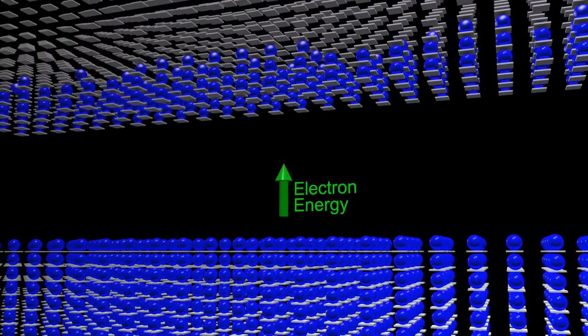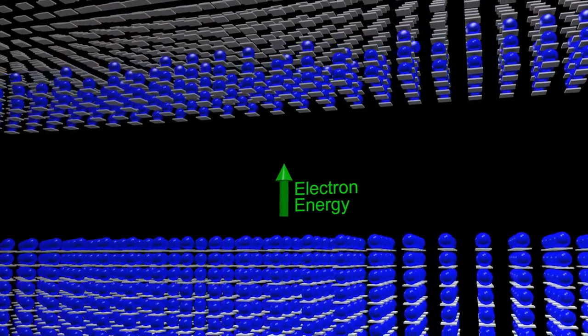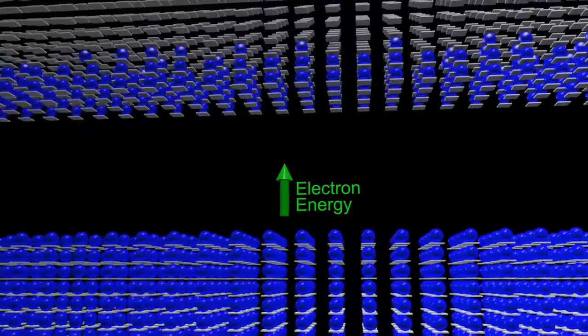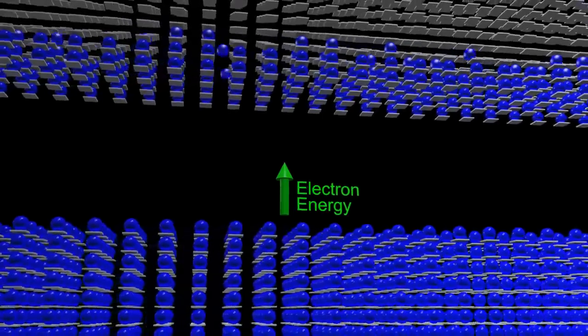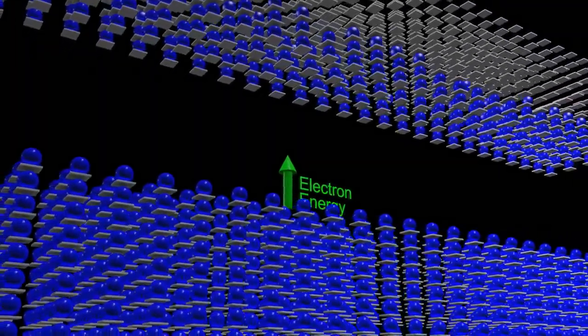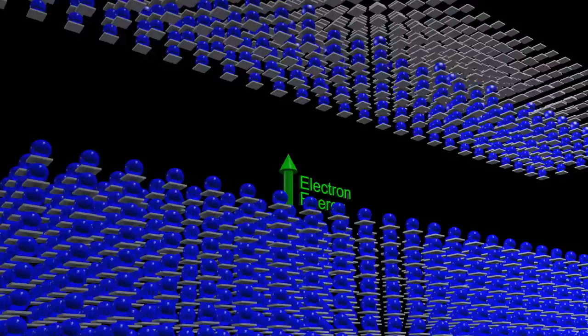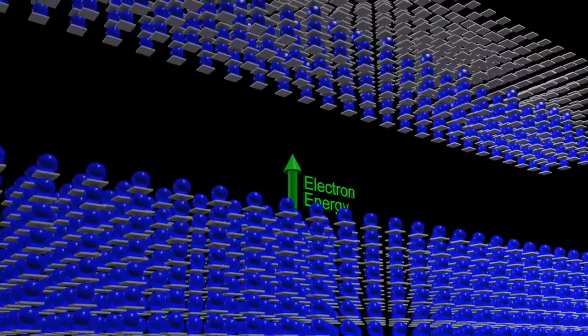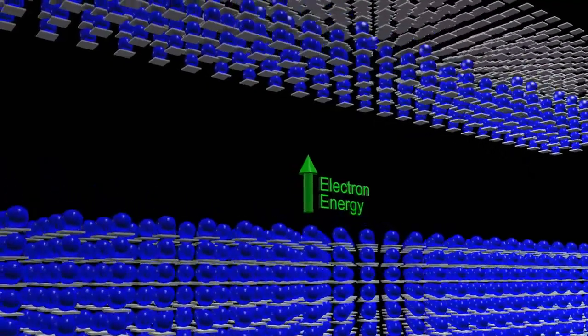But this principle only applies to particles we call fermions, such as electrons. It does not apply to particles we call bosons, such as photons. Hence, the thermodynamic equilibrium will be different for a system of fermions than it will be for a system of bosons.